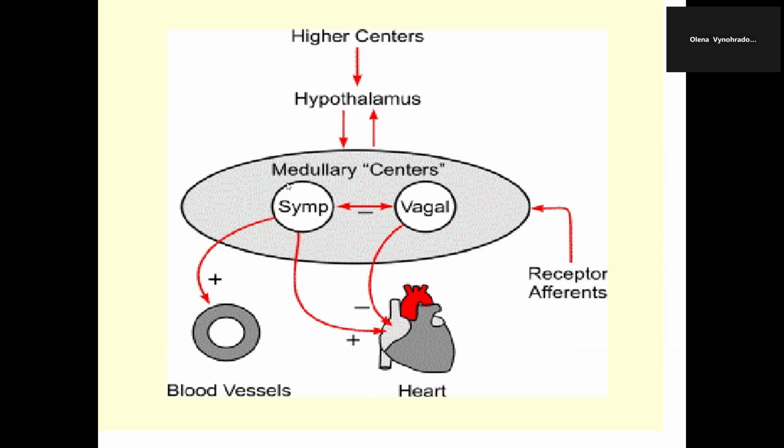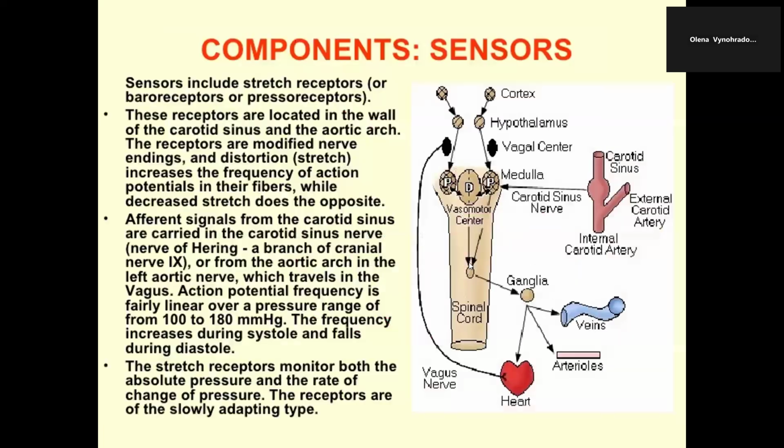Activation of the sympathetic system increases heart rate, as we talked about before, and increases blood vessel tone. The parasympathetic system has a direct influence only on the heart, without influence on vessel tone. This is important.